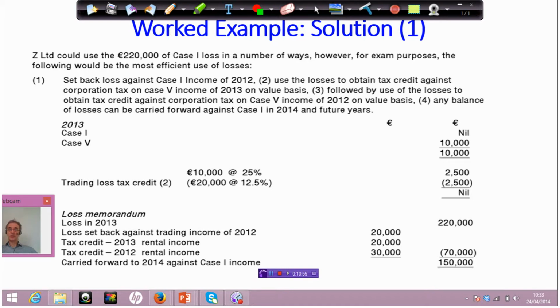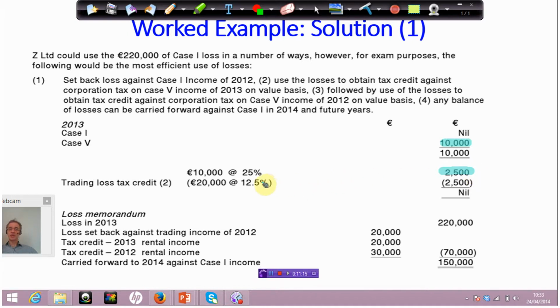Now we know that in this current year, this company Z Limited does in fact have some other income. And here you'll see how the value basis is shown within a computation. Really what we do is we take the income, we multiply it by the relevant rate. In this case, it's 25% for rental income under case 5.